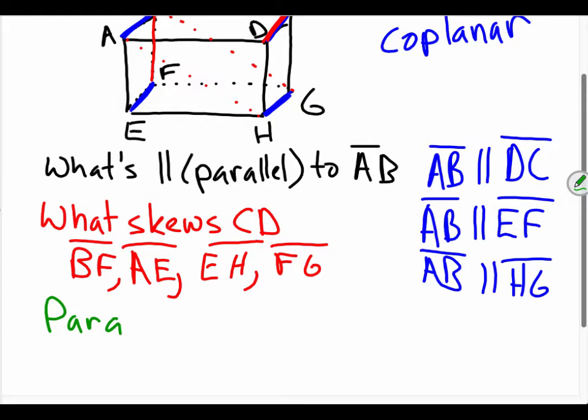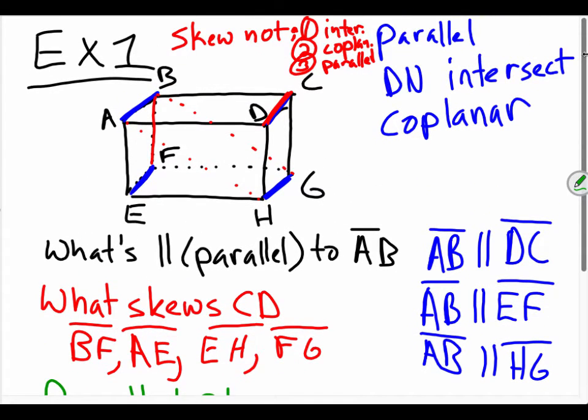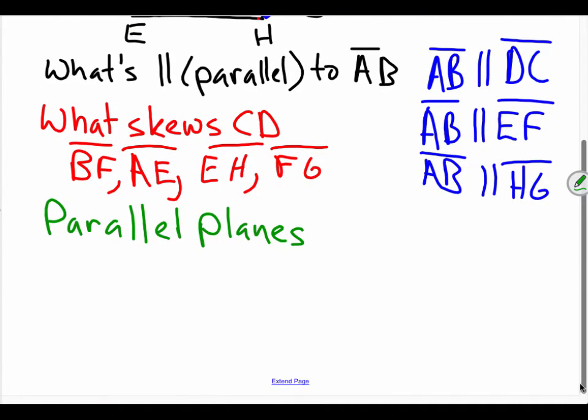Well, parallel planes don't intersect. Well, let's label a plane and then see what's parallel to it. So, for example, and I'm just going to do one. There's multiple ones. This plane right here at the top of the box would be plane ABCD, right? So I could say plane, and we just write out the word plane, ABCD. What's that parallel to?